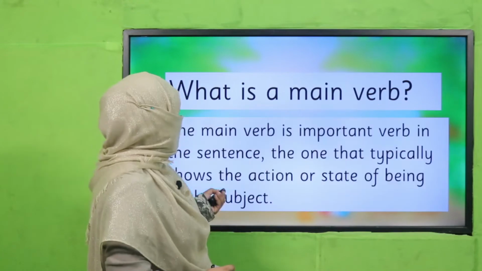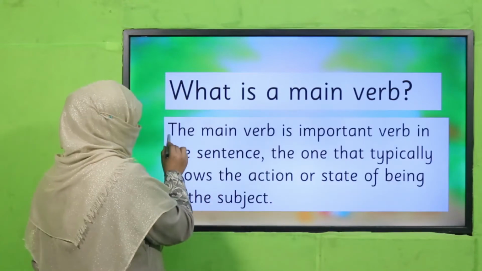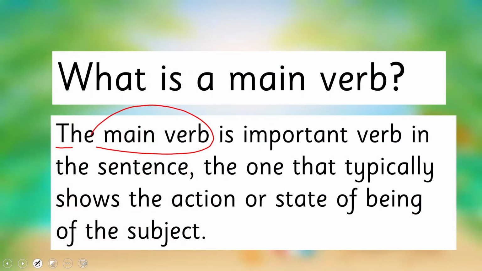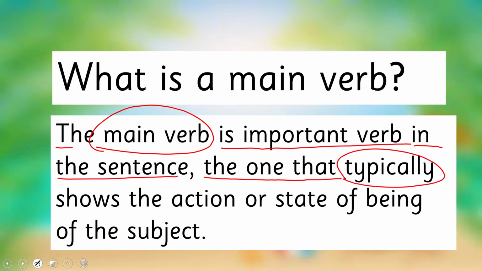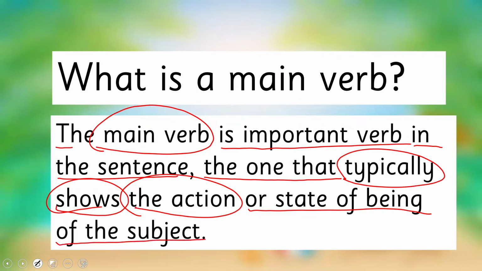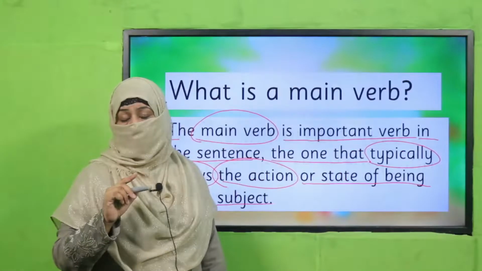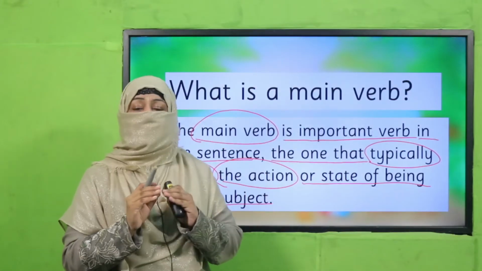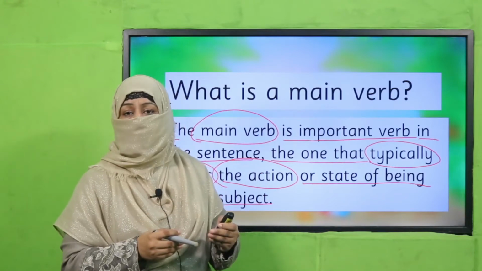Yes, my dear students, I hope you could recall: the main verb is the important verb in a sentence, the one that typically shows the action or state of being of the subject. As I told you, like this statement itself, there can be more than one verb.